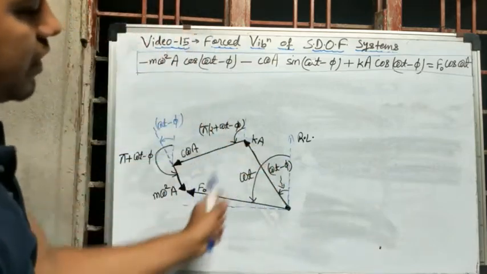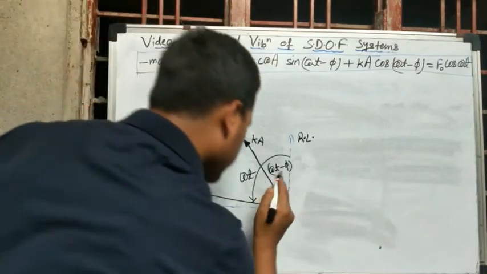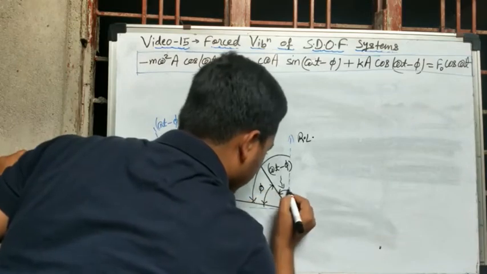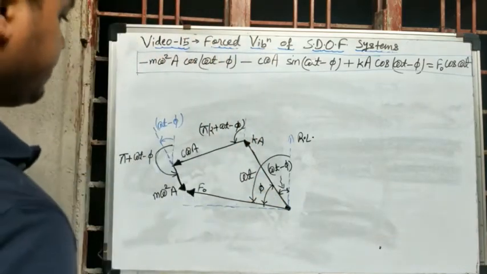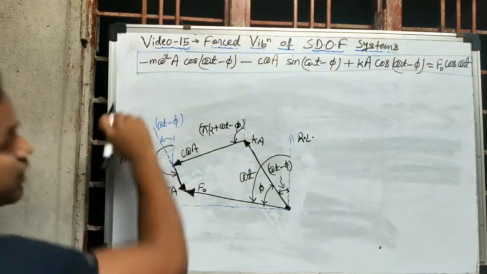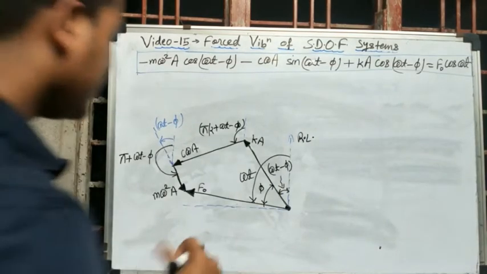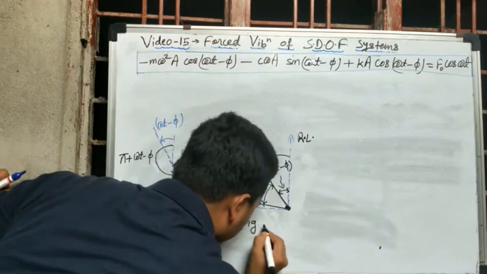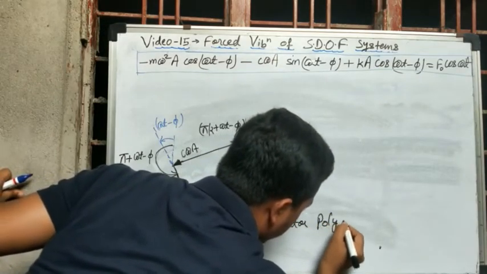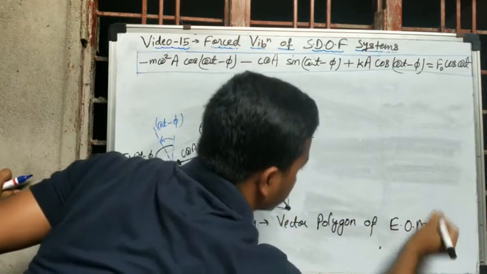Means this angle is omega t, and this is omega t minus phi. That means this angle is phi. Right. So this is the vector polygon of the system of forces in the equation of motion.